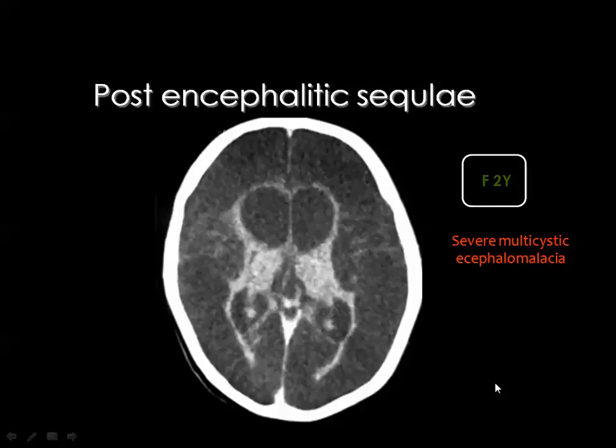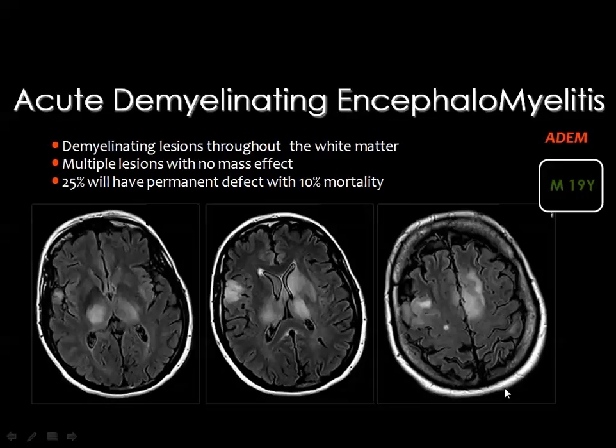And this is what we call post-encephalitic sequelae, where there is almost total damage of the brain parenchyma on both sides. Only the basal ganglia appear intact. The ventricles are dilated, indicating the presence of atrophic changes.